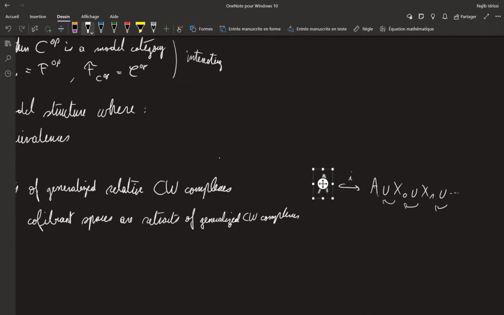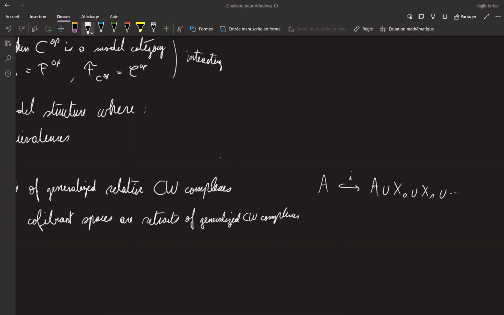It's something where you start from an arbitrary space, then you glue cells, then you glue cells to this, then you glue cells again, and you do it as many times as you want. And the inclusion is what is called a relative CW complex. Or if you don't glue cells in the order of dimension, it is what is called a generalized relative CW complex, right?